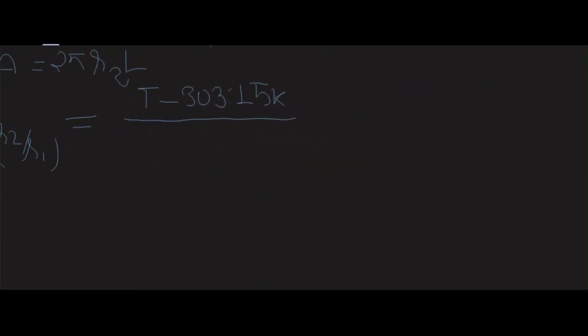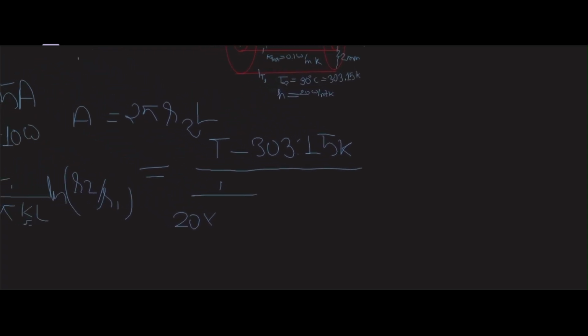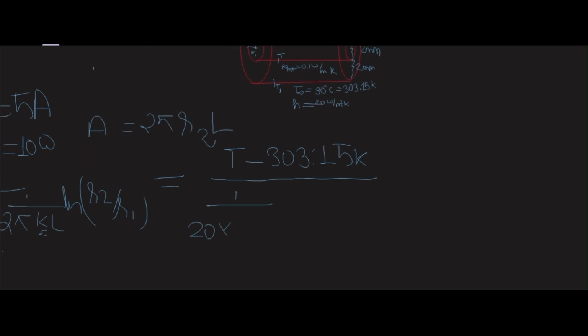So we put in the values already seen in the diagram. The radius R2 we already know is 0.003, and the length is also given as 5 meter.